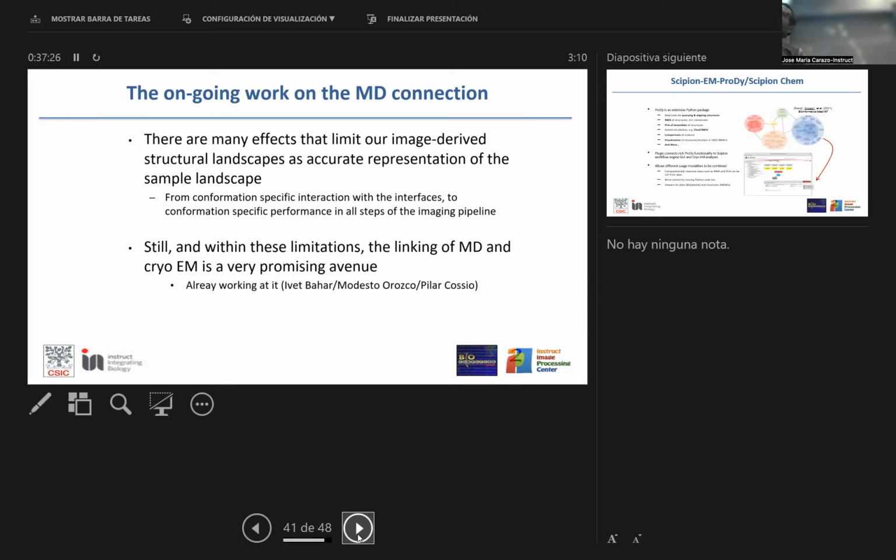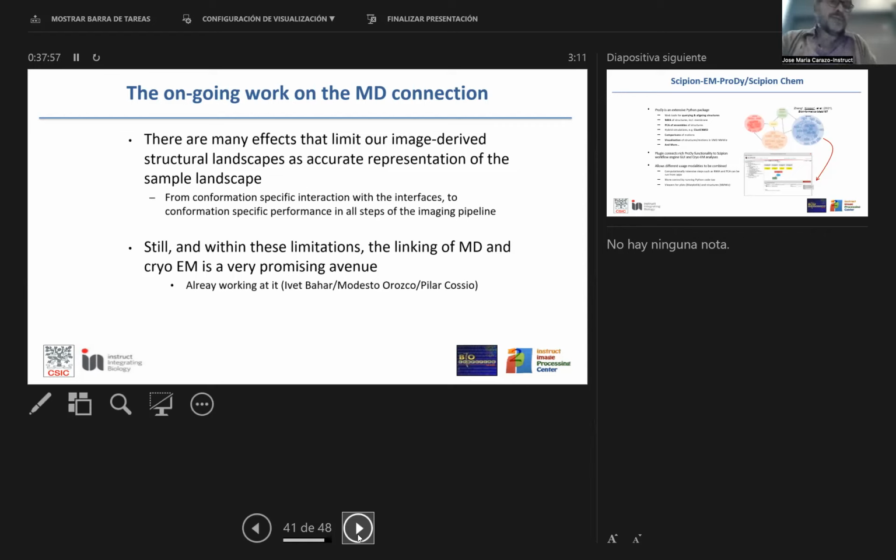Who could give us a time stamp? Molecular dynamics. So we are working, and Isabel is also working with Slavica, in trying to mix this molecular dynamics information into the reconstruction process. The link is, I think, very obvious and very promising.